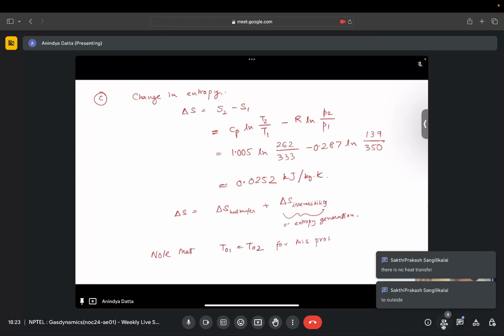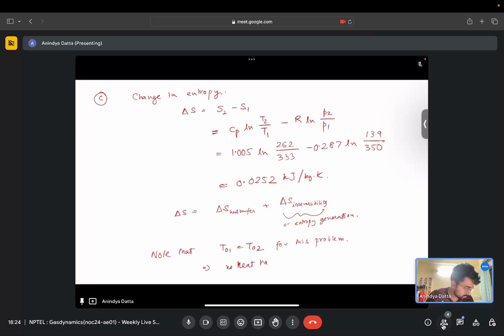Yes, right, there is no heat transfer, which indicates that the process is adiabatic.